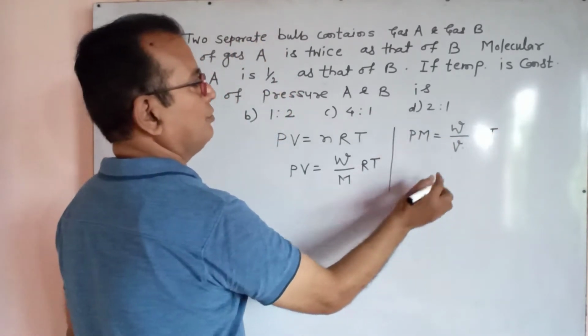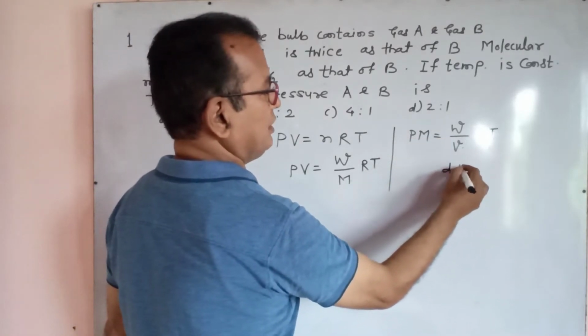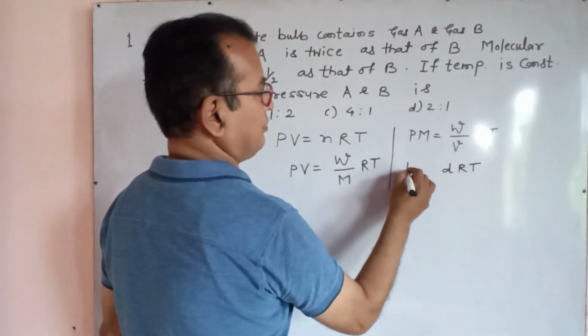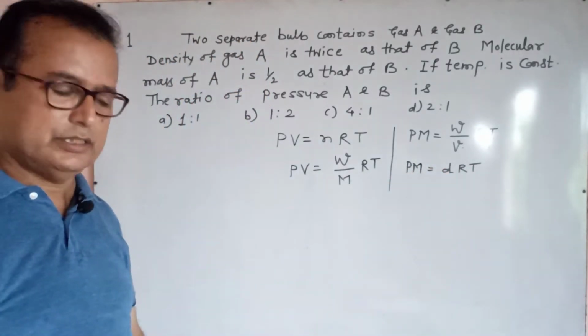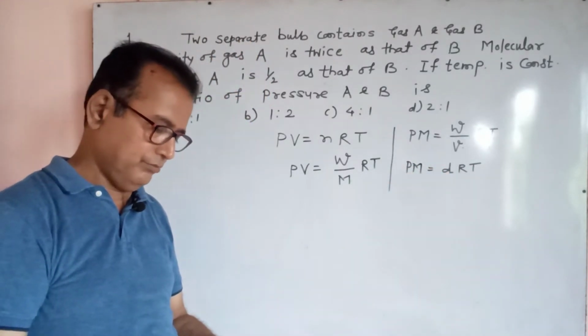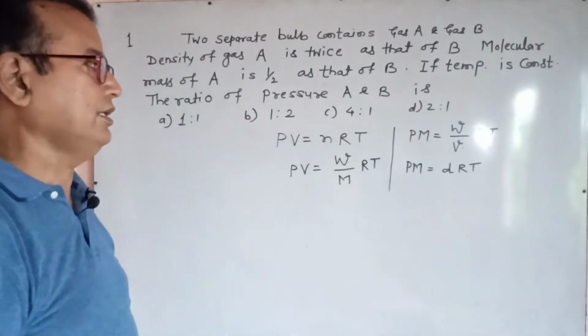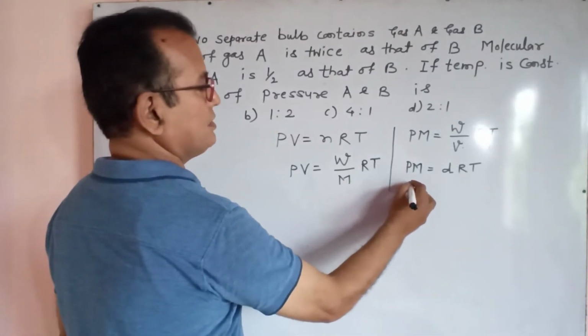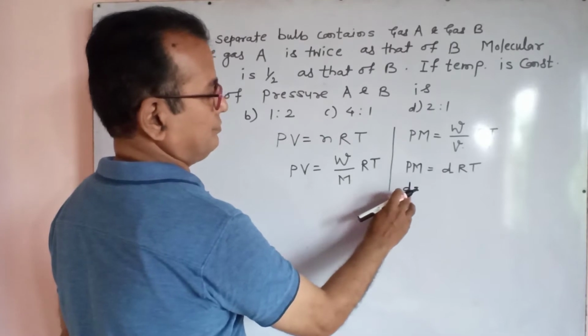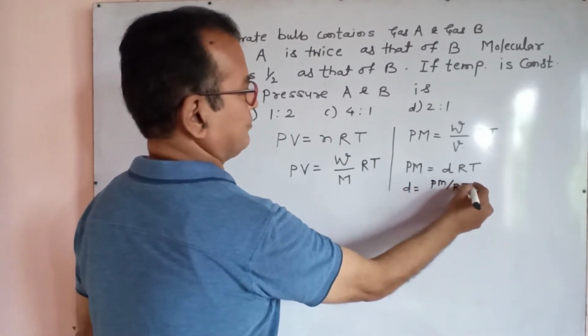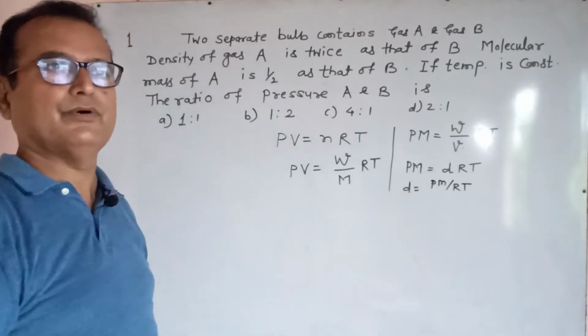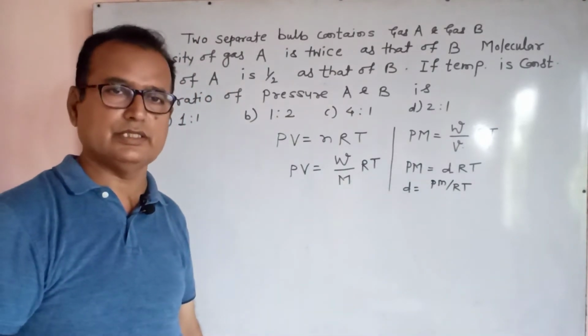Mass per unit volume is known as density, so PM is equal to dRT. It is a modified formula, and density is equal to PM upon RT.